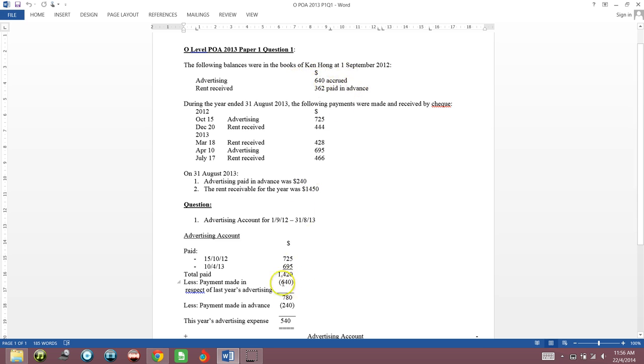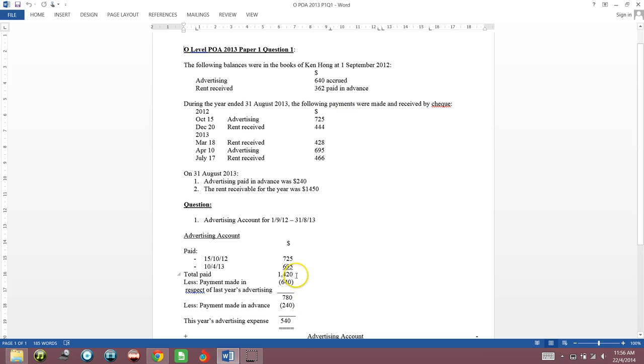Out of this $1,420, $640 was paid in respect of last year's advertising. Now look here. On 1st September 2012, advertising 640 accrued. Accrued means not yet paid. In other words, at the beginning of the year, 1st September 2012, Ken Hong owes 640 of advertising expenses, which he incurred last year.